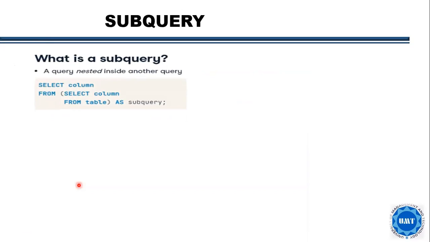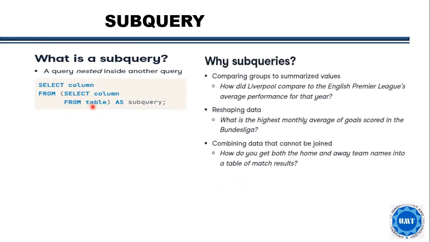So what actually is a subquery? A query nested inside another query is known as a subquery. We have to select the column from the table, and in from we are going to use a subquery. Select column from table as a subquery. So why are we going to use subqueries? Comparing groups to summarized values.